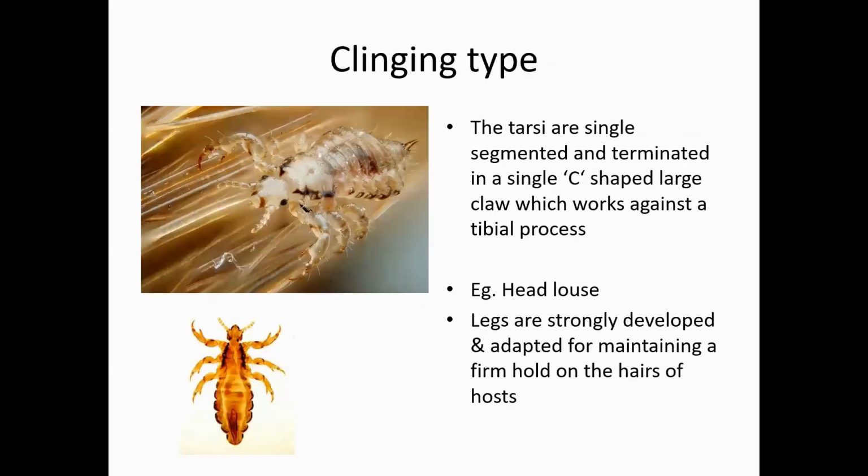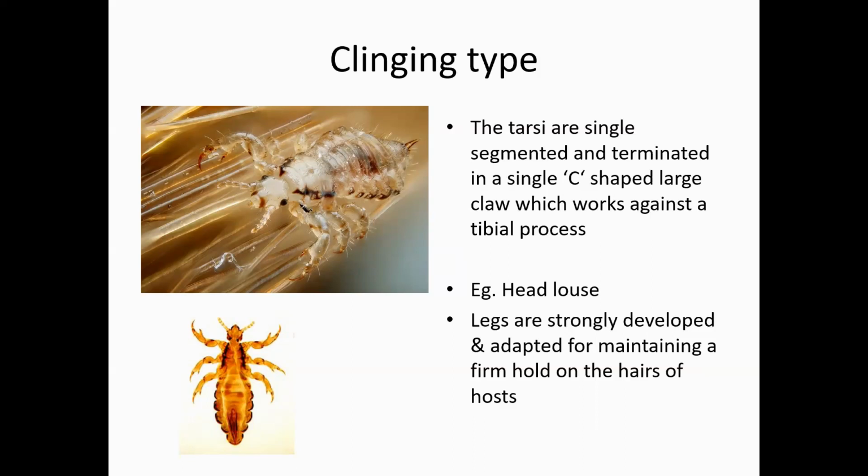Another one is the clinging type. Clinging type observed in case of head lice. The tarsi are single segmented and terminate in a single C-shaped large claw, which works against the tibial process. Because of that, they will be capable of holding onto the hairs.